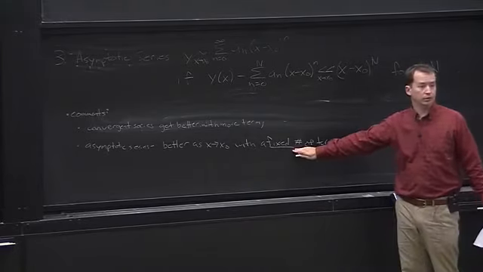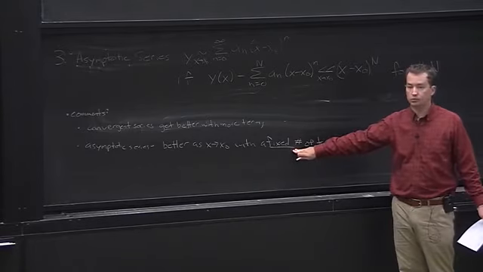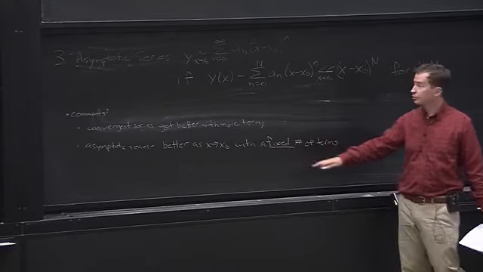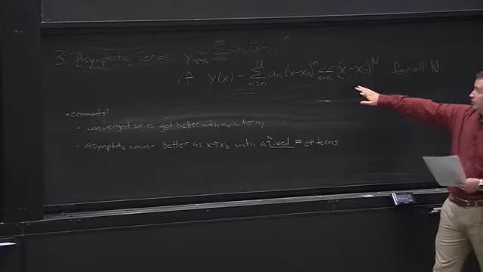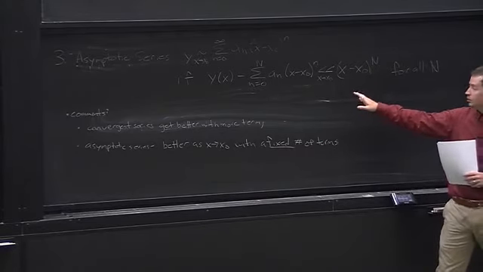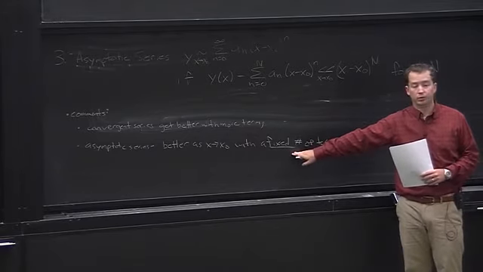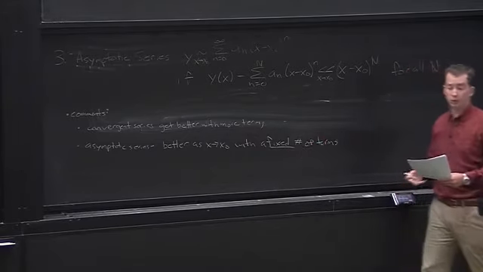Taking more terms can and often does make the approximation worse, particularly for asymptotic series that are not convergent. If you take enough terms, your approximation is certainly going to get worse.